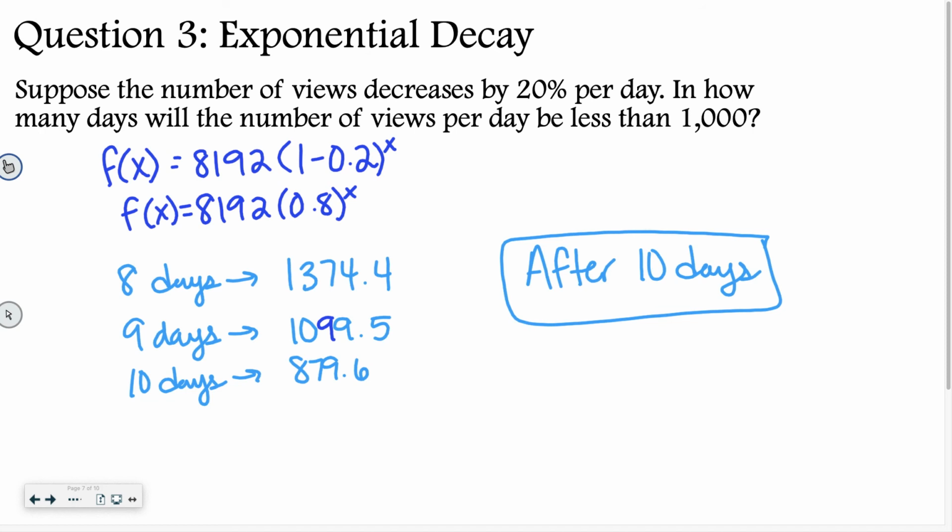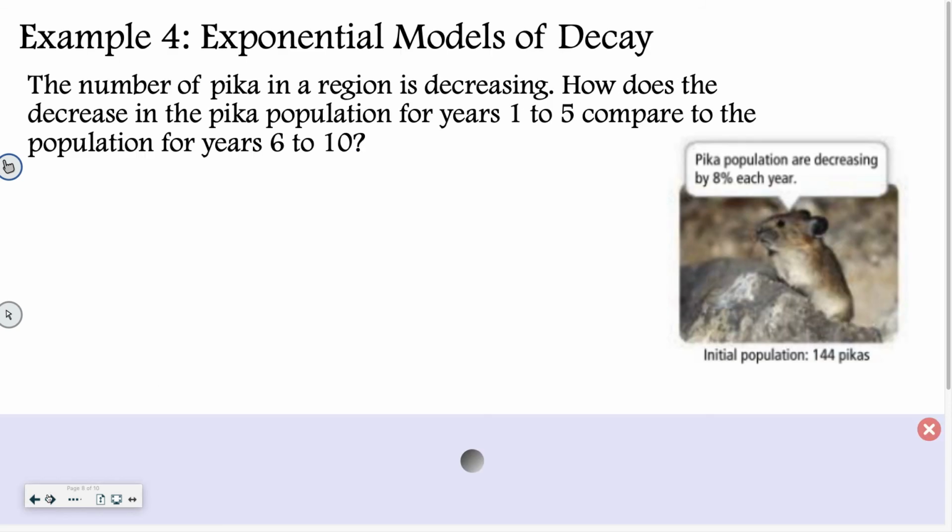All right, example 4, exponential models of decay. The number of pica in a region is decreasing. How does the decrease in the pica population for years 1 to 5 compare to the population for years 6 to 10? So first let's write a function. We're talking about exponential decay, so again, a times 1 minus r raised to the x power.